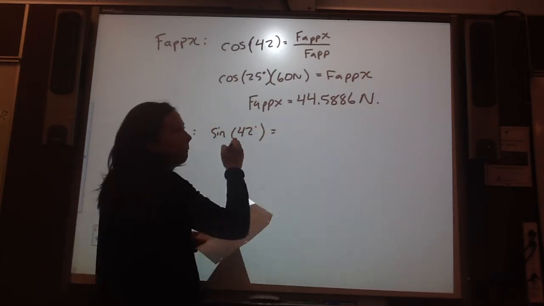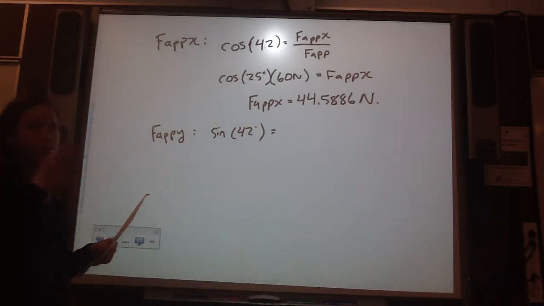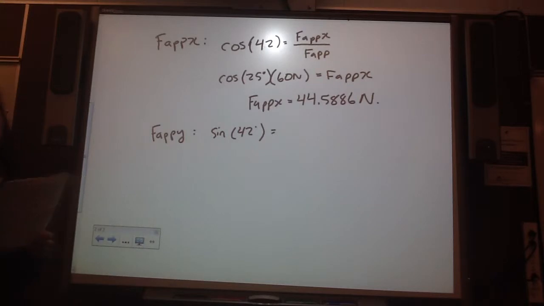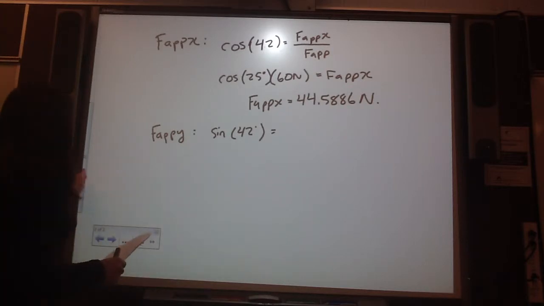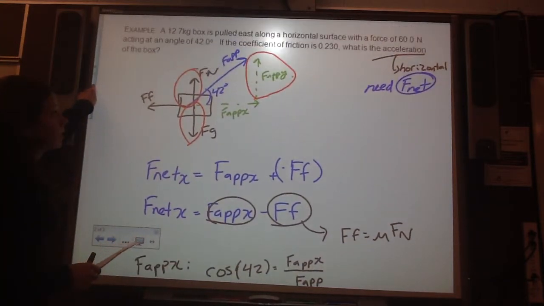Question. Why do you need your F at Y? Because it is a vertical component, and I need to find Fn to do my mu Fn to find your FF. You don't need to find that Y, just use FG. Was Fn equal to FG? Not for this question, because normally it does, right?